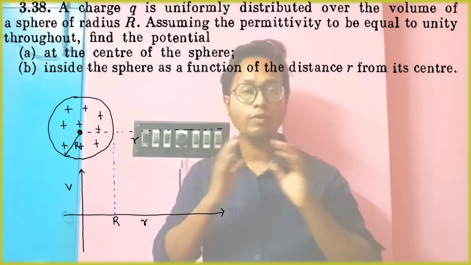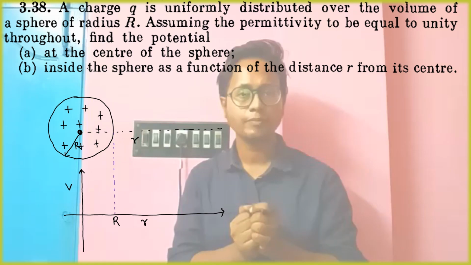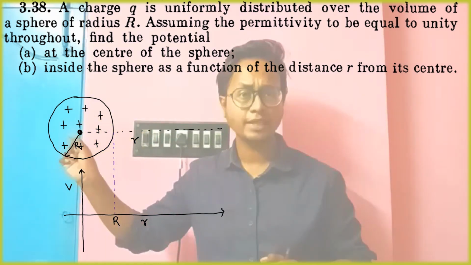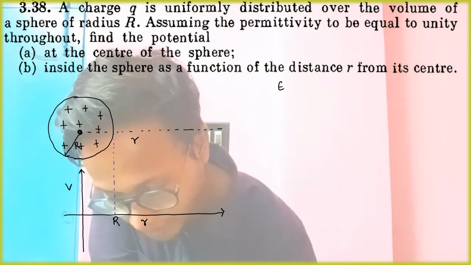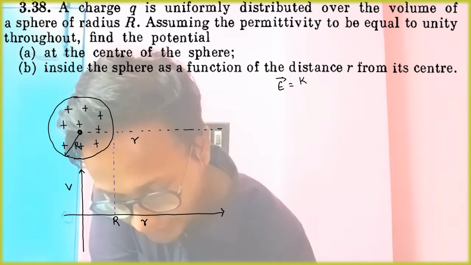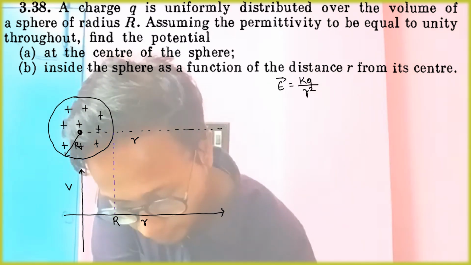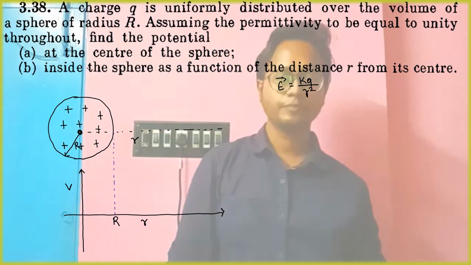We'll always have to consider the sphere as a point object, isn't it? So this entire sphere would be considered as a point object situated at the center, and the formula for electric field outside the sphere is given as kq by r square, where r is the distance from the center of the sphere, isn't it?